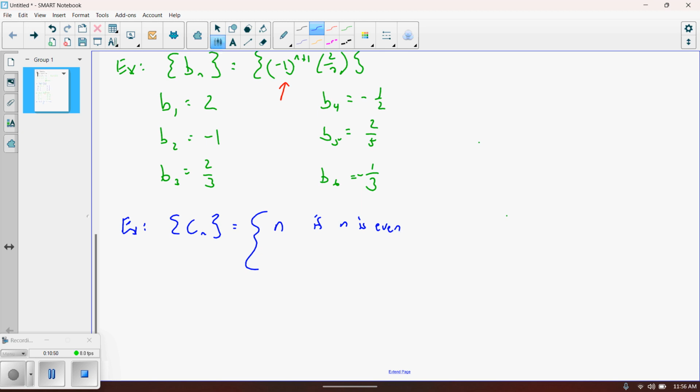And then it's going to be 1 over n if n is odd. So that's how our sequence is going to be defined. So again, we're going to write out the first 6 terms. So we're going to have C sub 1, 2, 3, 4, 5, 6.